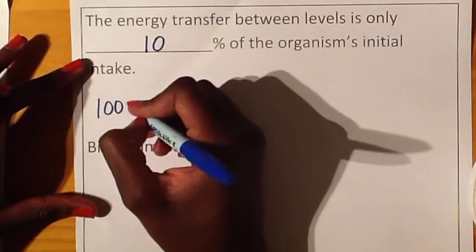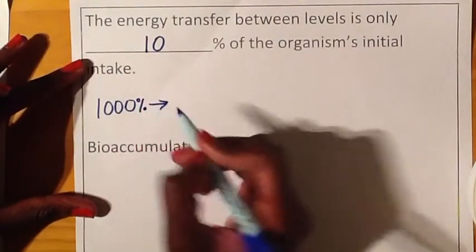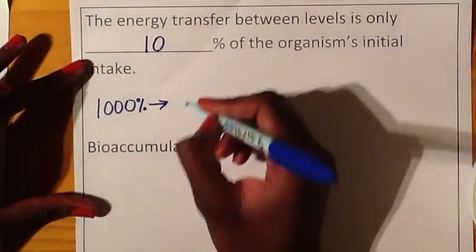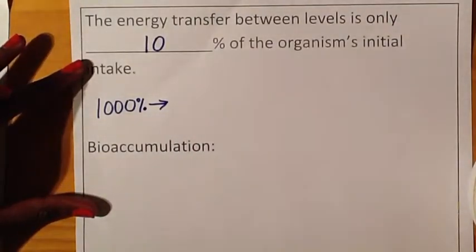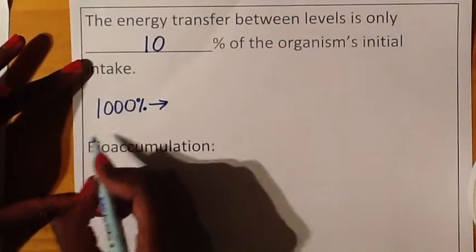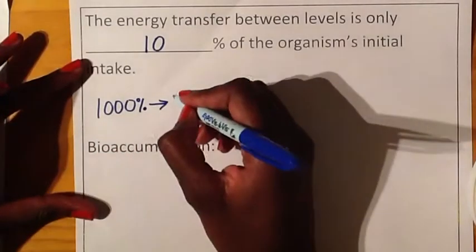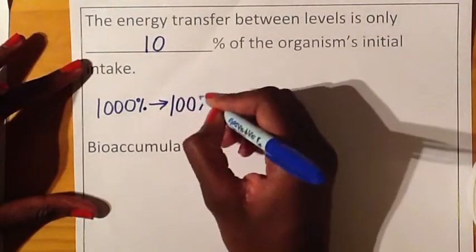If we start off with 1,000, our next organism, or the organism that eats us, is only going to get about 10% of what that organism's original energy intake was worth. So 10% of 1,000 would be 100.